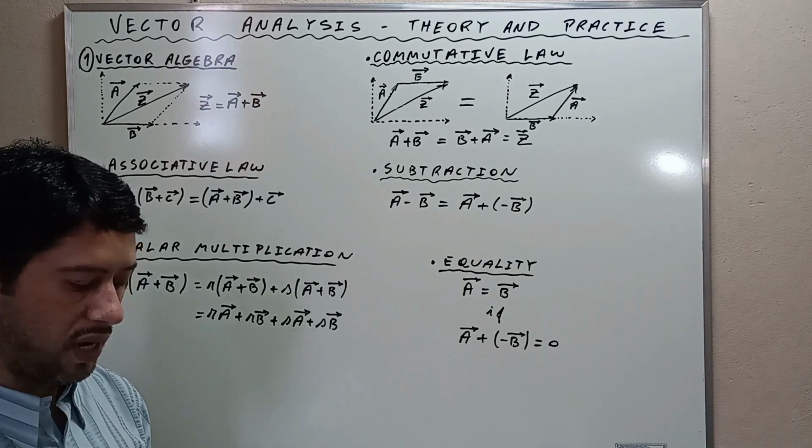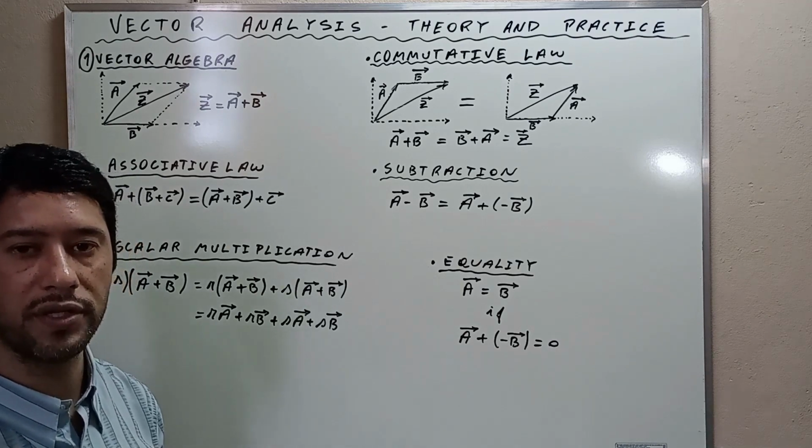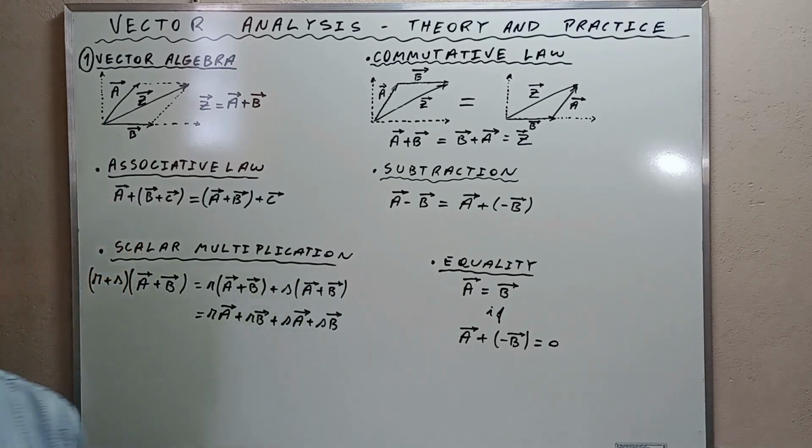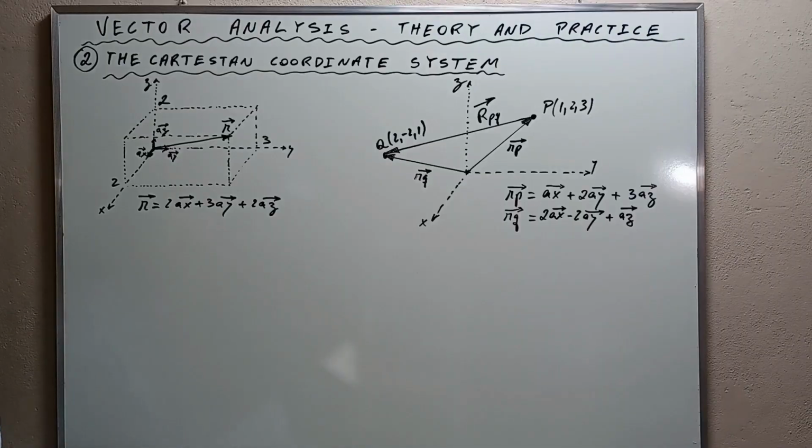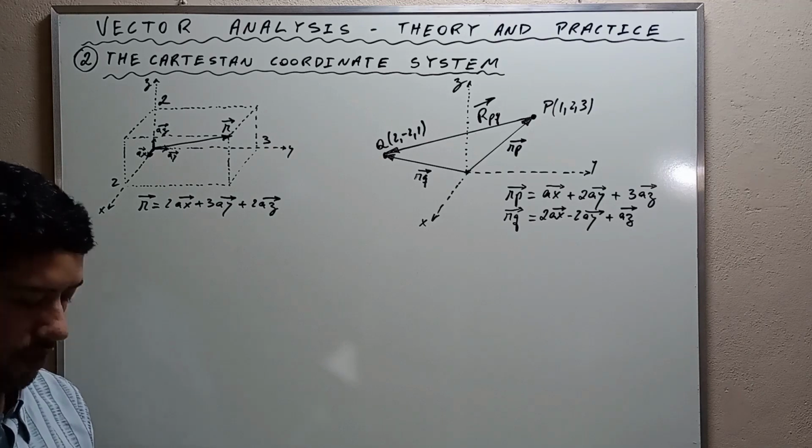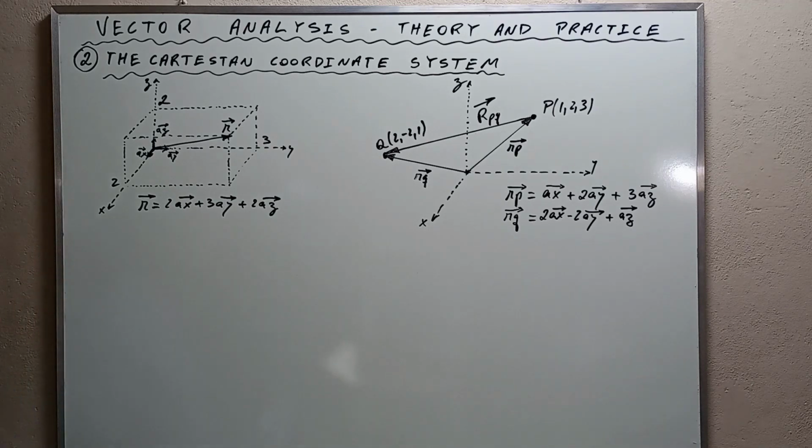Now let's take a look at the Cartesian coordinate system. The simplest method for representing vector lengths, directions, angles, and components is by means of the Cartesian coordinate system. To describe a vector in the Cartesian coordinate system, we can use unit vectors.